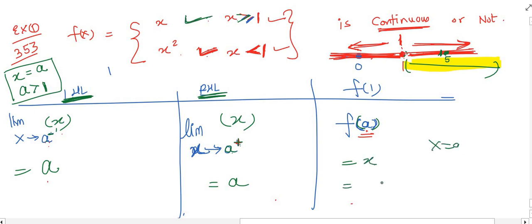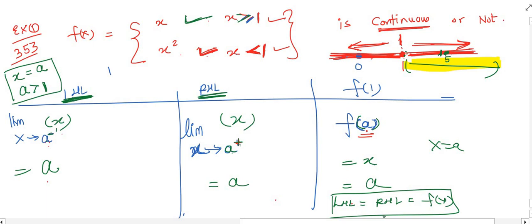So x is equal to what? A. So here also we can see clearly LHL is equal to RHL is equal to f of a. So can I declare that the function is continuous? f(x) is continuous at x more than 1.